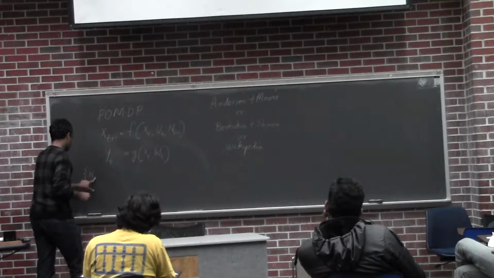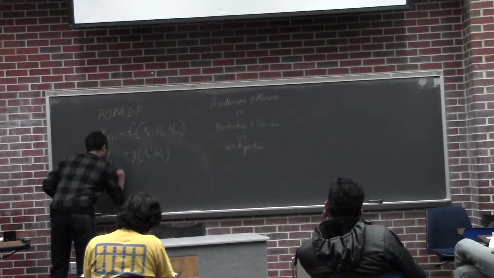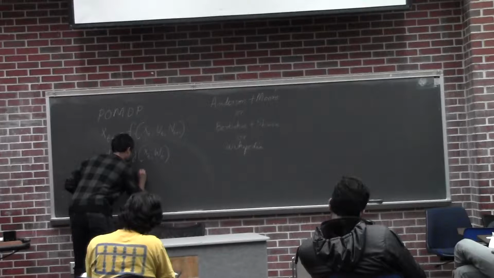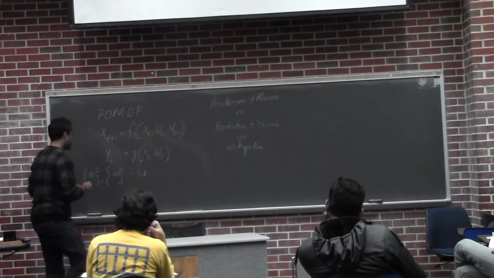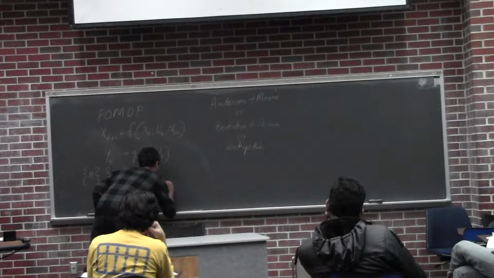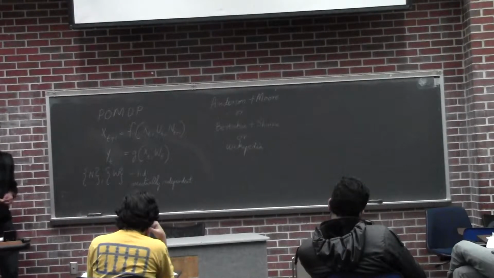So the noise sequences n and W are both IID. And the other assumption is that they are mutually independent of each other.